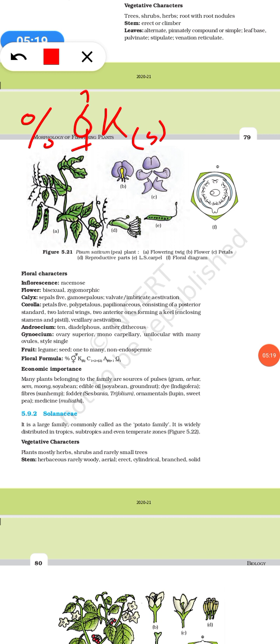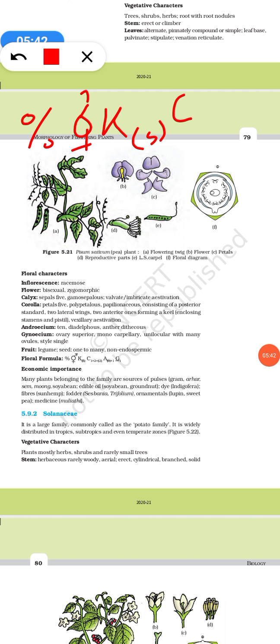Then we have corolla where the petals are 5. They are polypetalous, 5 independent, papillonaceous. It consists of a posterior standard and 2 lateral wings. So it is talking about how the corolla is.